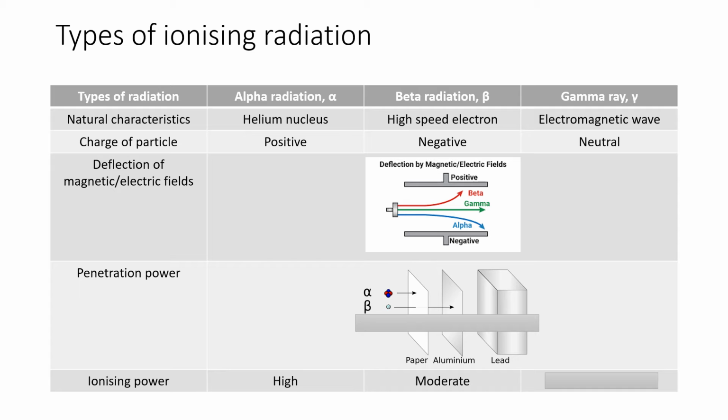It is highly energetic and can penetrate our skin easily. It can even travel through slabs of aluminium, lead, and even thick concrete. Its ionizing power is the least among them, but it has sufficient energy to damage our DNA.